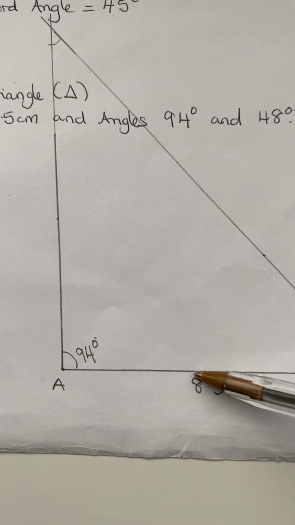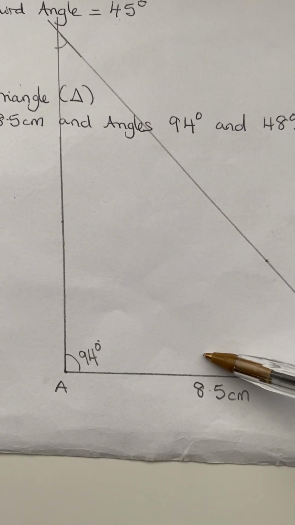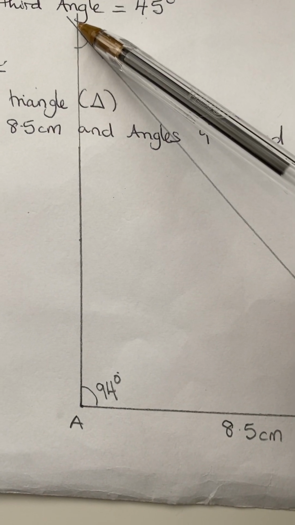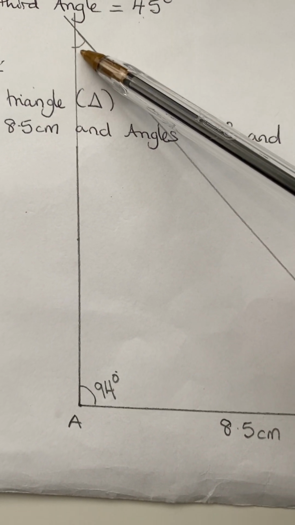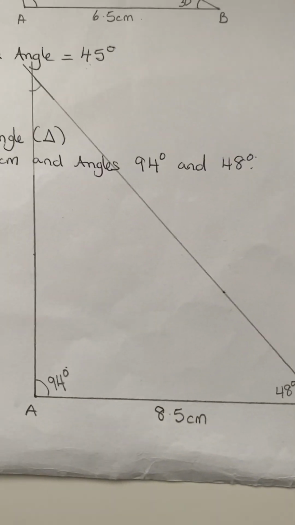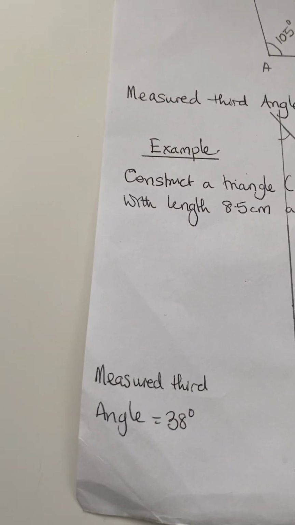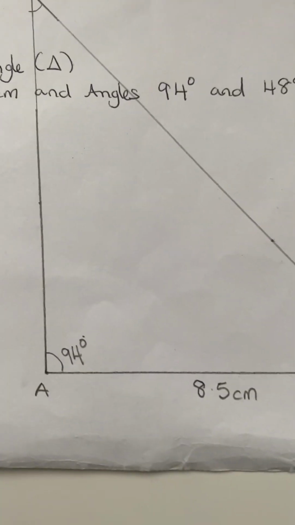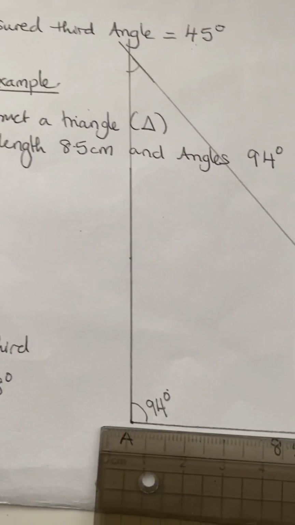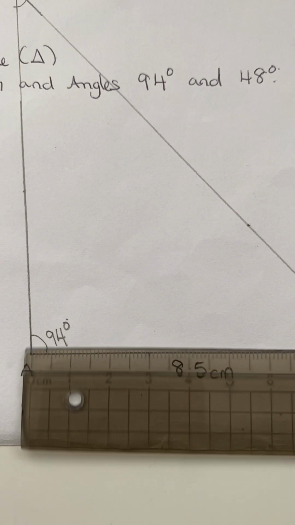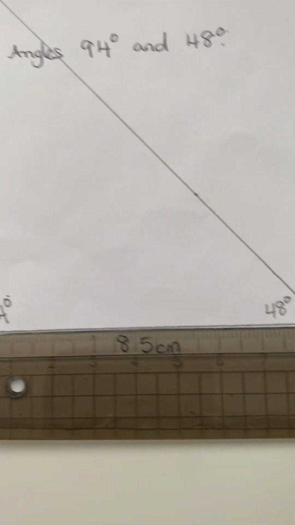If you've been given this to do, because of where the angles will meet to form the triangle, they will give you the space for it. So first we measure the line. I measured my line, 8.5 centimeters.